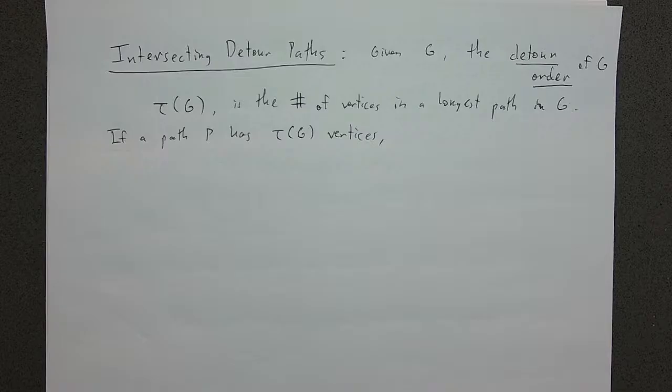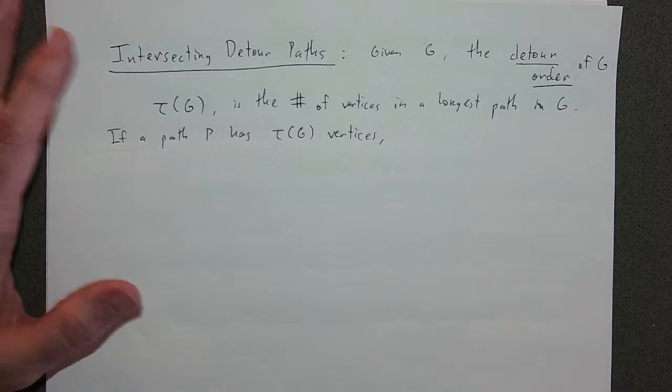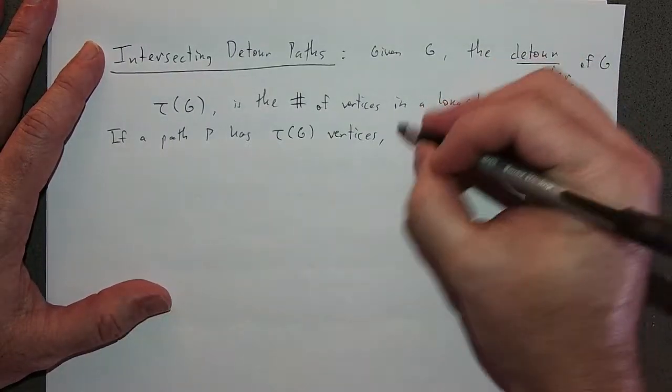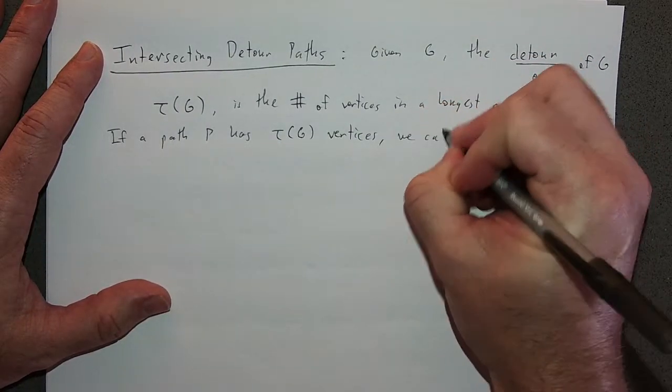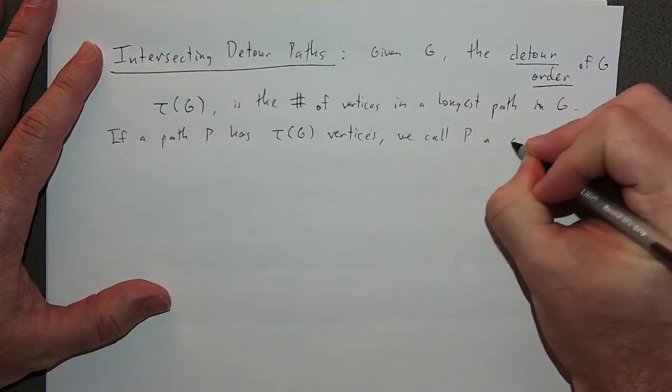So right in the definition, we're acknowledging that these need not be unique, right? There may be several longest paths in G having the same length, right? So if a path P has tau of G vertices, we call it a detour path.